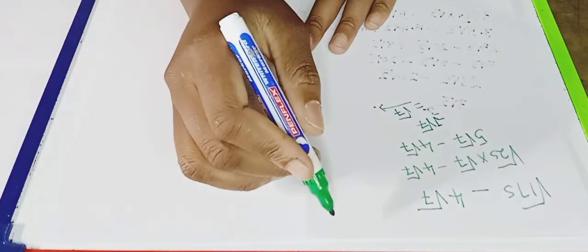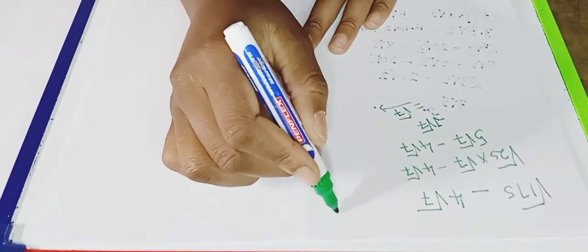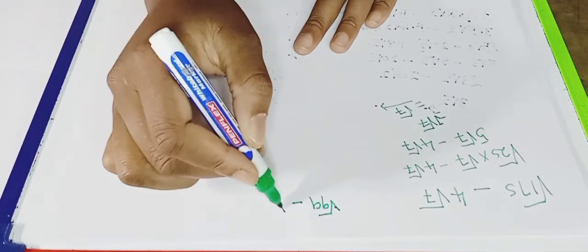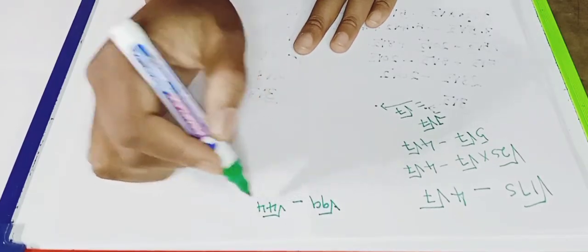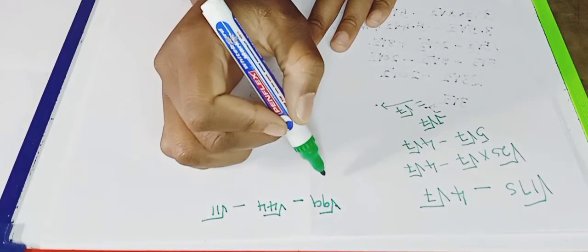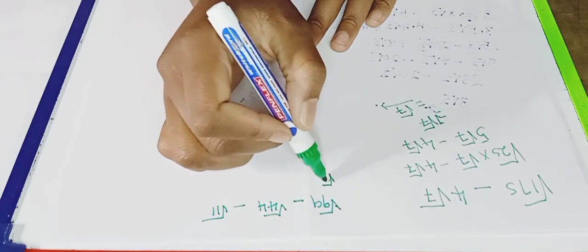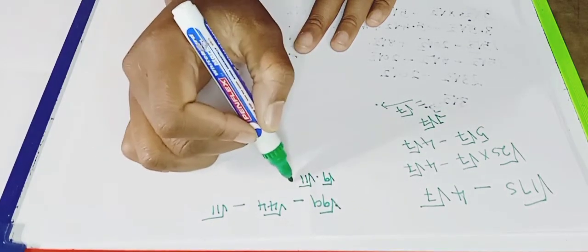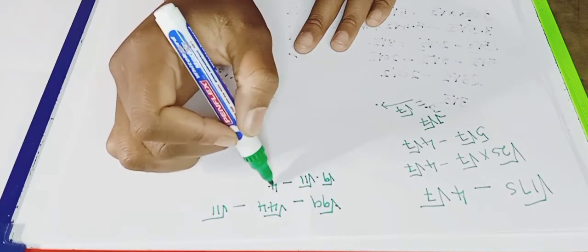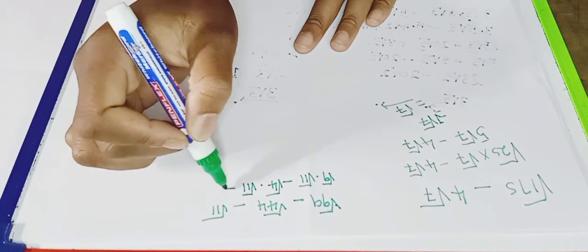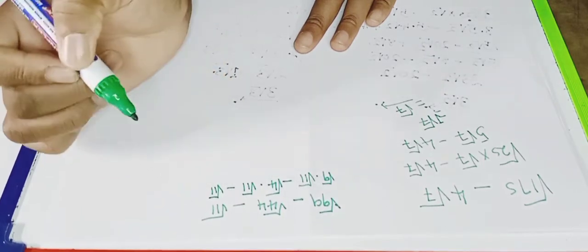The last one that we're going to look at is the square root of 99 minus the square root of 44 minus root 11. Root 99 is the same as root 9 times root 11, minus root 44, which is root 4 times root 11, minus root 11, which is already there from the question.